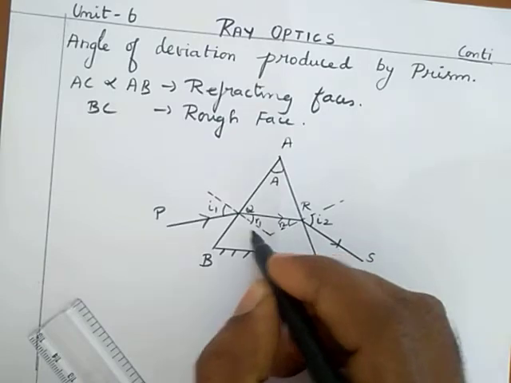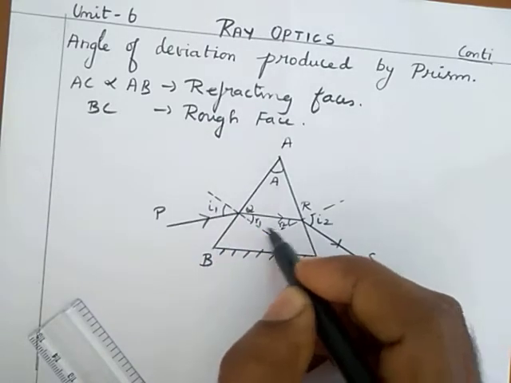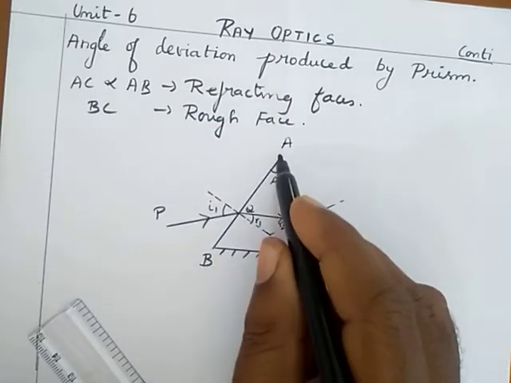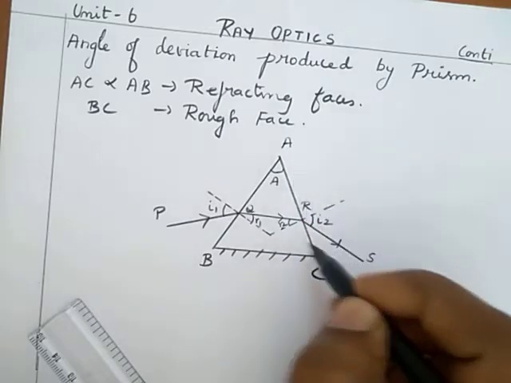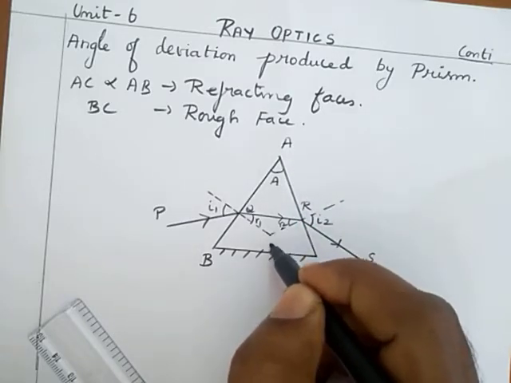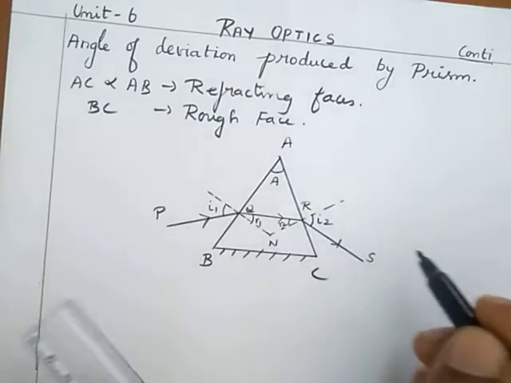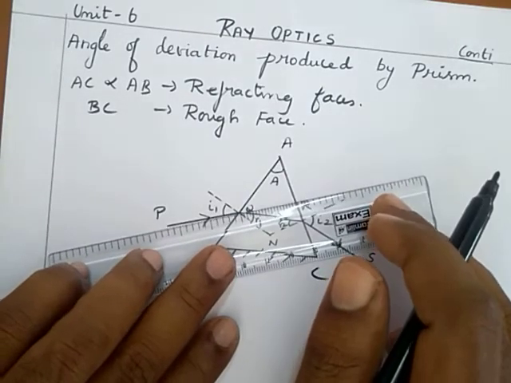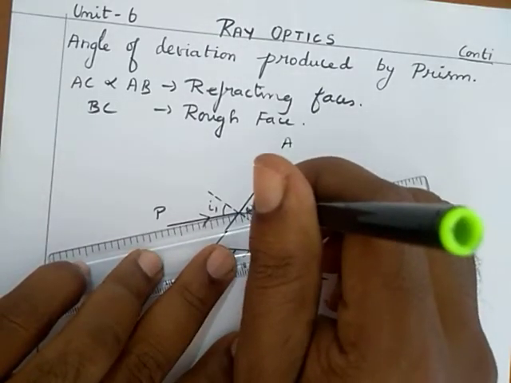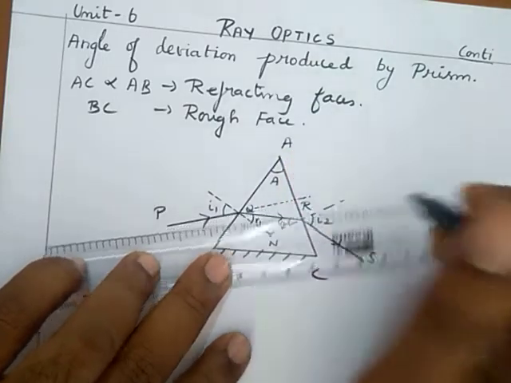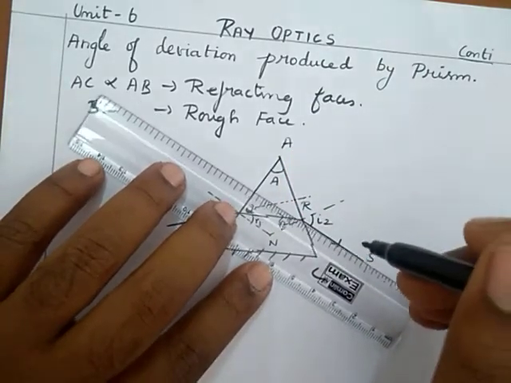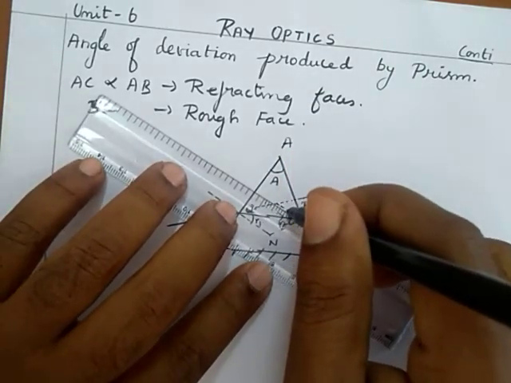Here the normal on the face AB and the normal on the face AC intersect at a point known as N. Then I am extending the incident ray and extending the emergent ray backwards.